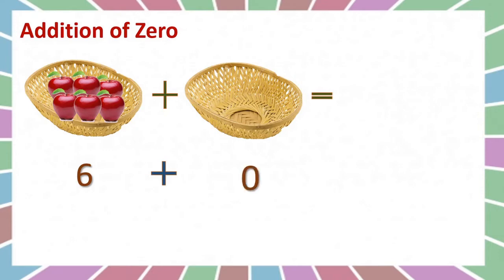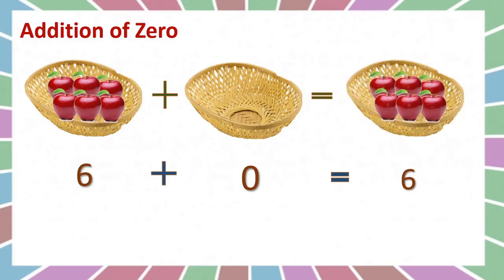Now, dear children, what is the answer for this? 6 apples plus 0 apples is equal to, yes, very good, 6 apples. So let us keep the basket of 6 apples here, right? Got this, children?